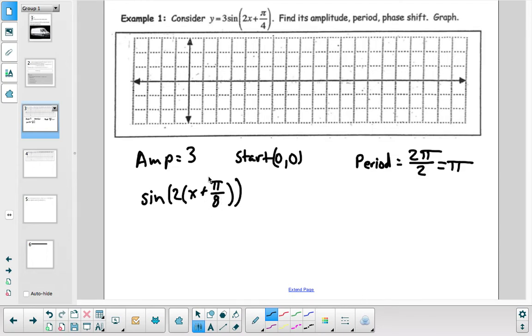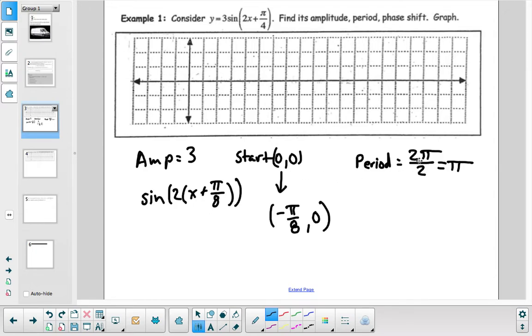So the new starting position, everything gets shifted to the left pi over 8. So now we're starting at negative pi over 8, 0. Everything got shifted to the left. It doesn't affect the y value, it's a left shift.